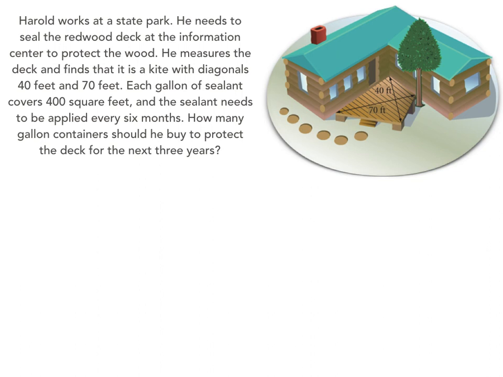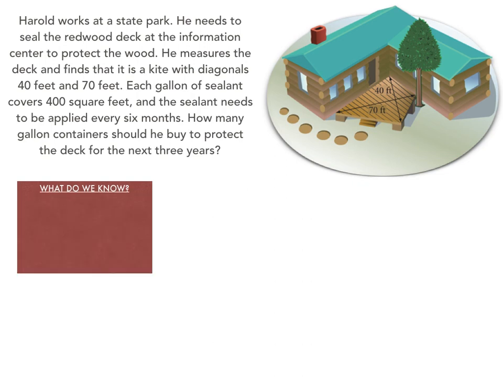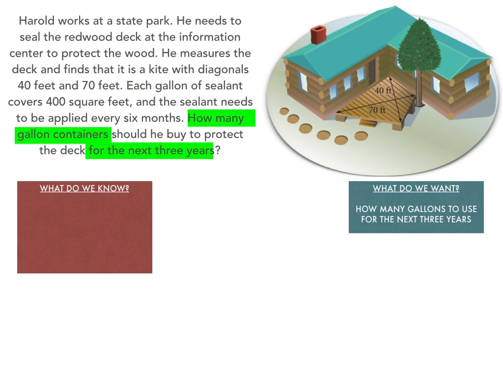With these area word problems, you want to be very organized. List out what we know and what we want. Well, in this case, we want how many gallons to buy for the next 3 years. And what do we know?